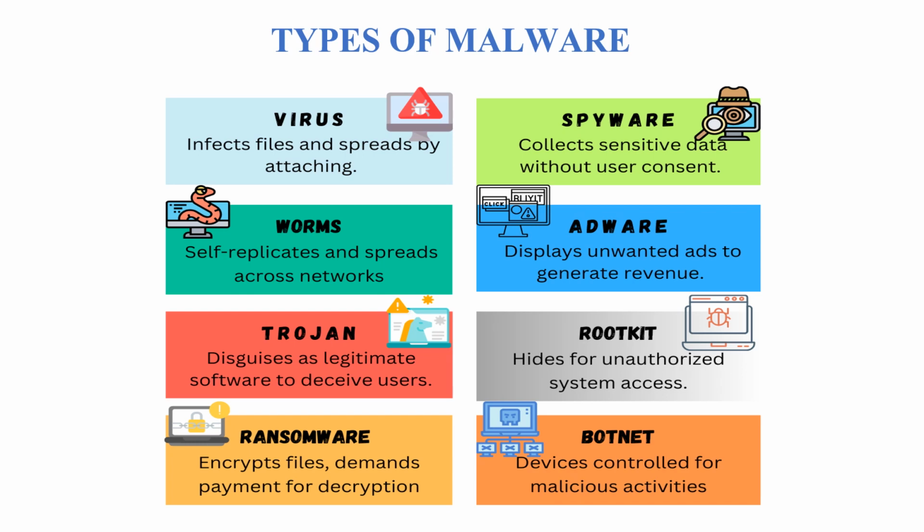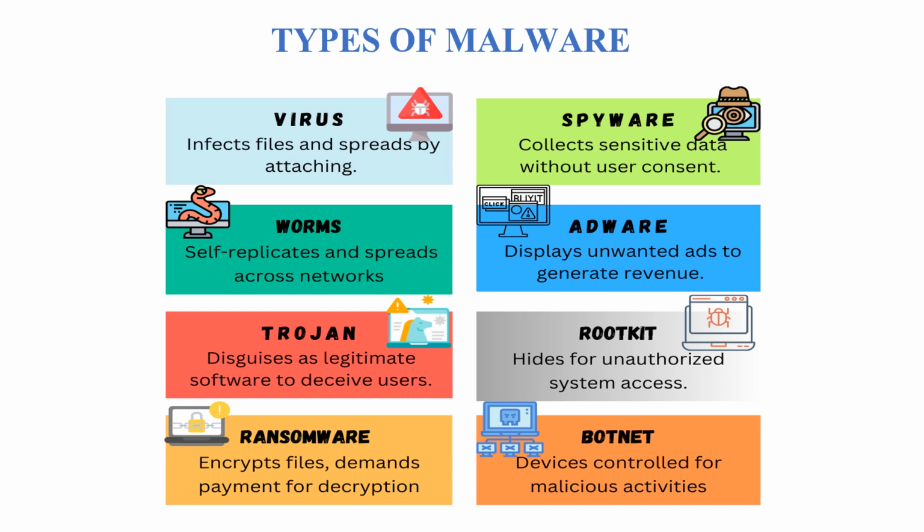Spyware. Spyware steals the user's data like bank details and credentials, meaning sensitive data, without the user's consent. Adware. Adware is software which displays unwanted ads in the form of pop-ups in order to generate revenue. Next is rootkit.